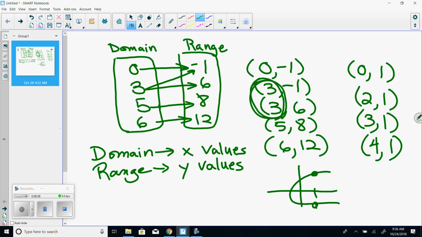And it also says here which element of the domain is paired with exactly one element of the range. So we're good there. But if we had two arrows coming out of that -3, it'd be no, because I've got two x's going to two different places, and that is not a function.